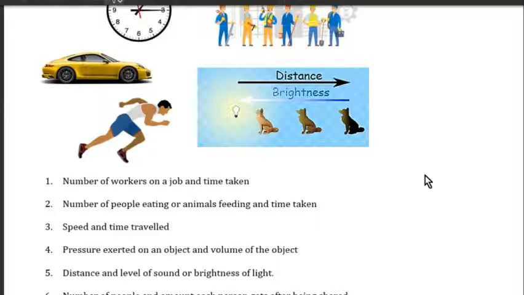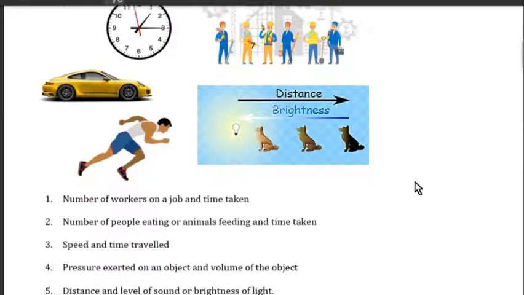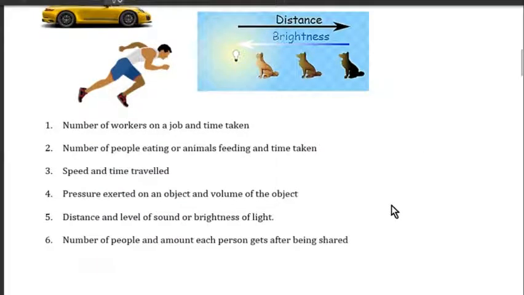Also, speed compared to time is an example of indirect proportion. When you increase the speed of, let's say, an athlete or a car, the time taken to cover a specific distance will be much less. And if you reduce the speed, the time taken will also increase. So that's a typical example of indirect proportion.